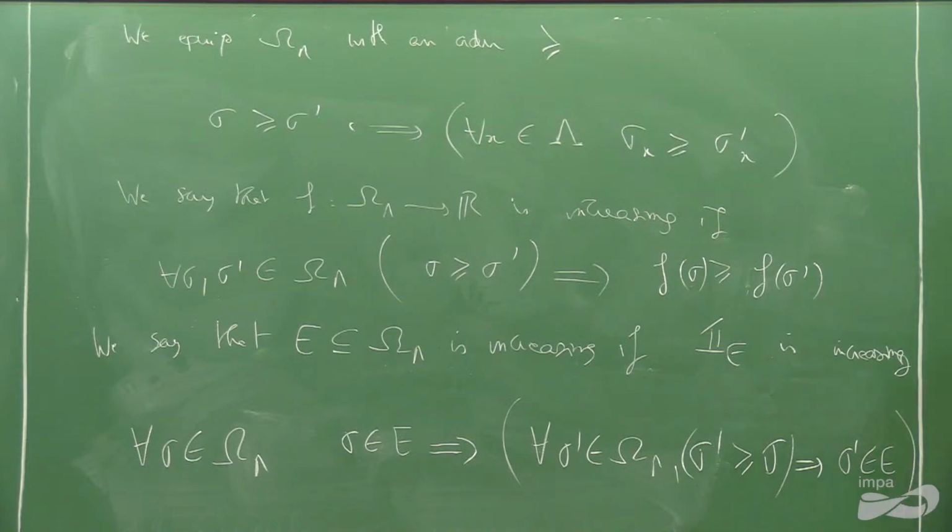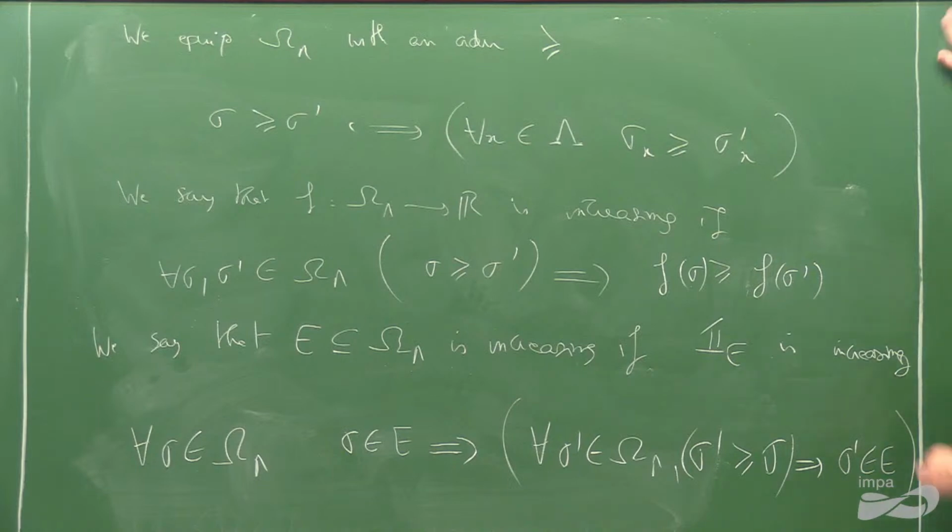And associated with this notion, you have, of course, the notion of decreasingness. You say that a function is decreasing if its opposite is increasing, and you say that an event is decreasing if its complement is increasing.